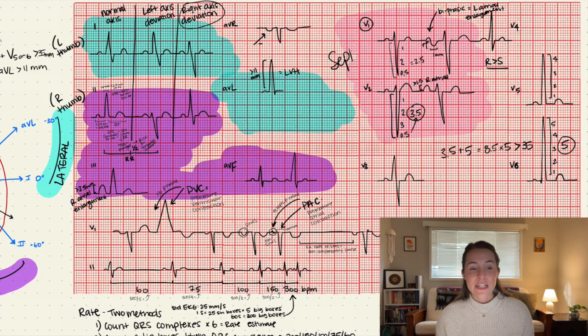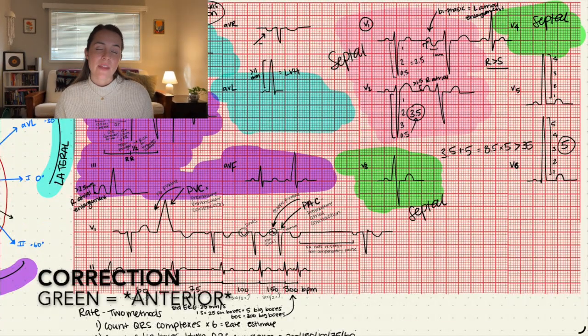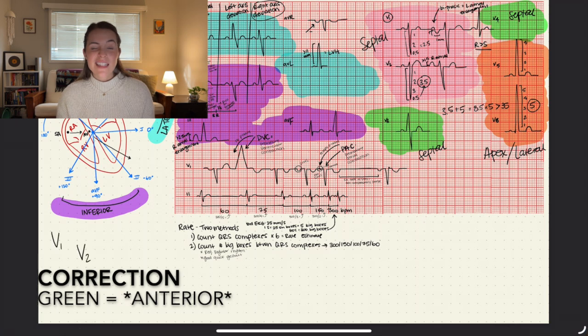Then we look at the anterior leads, V3 and V4, which also shows the LAD. Then we look at the apex of the heart, also terminal lateral leads, which is V5 and V6. And that's usually looking at the distal LAD, the distal left circumflex, or the right coronary artery.